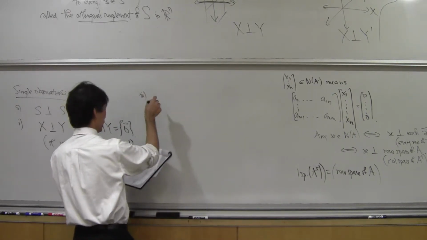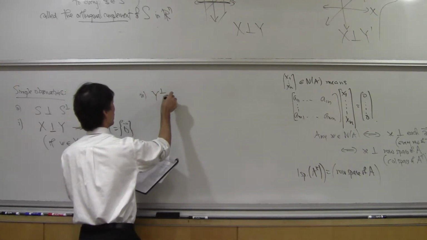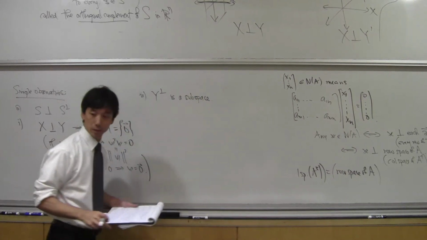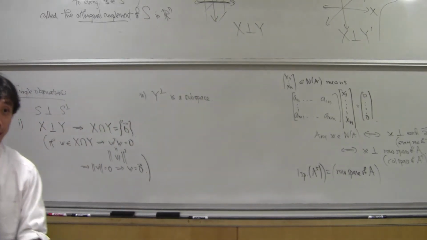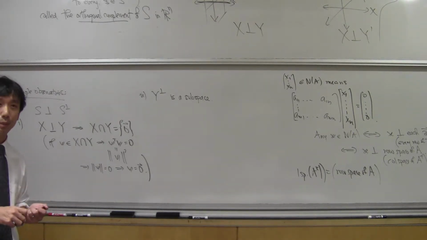Observation number 2 is that any orthogonal complement is a subspace. So the orthogonal complement of a subspace is itself a subspace.